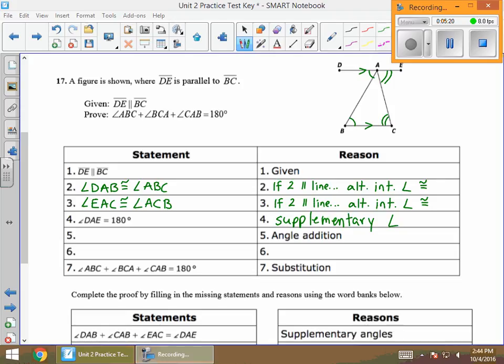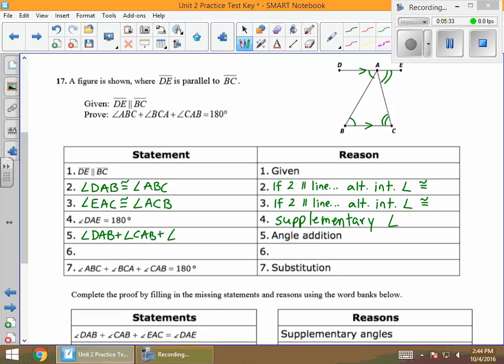And that is found when we see that angle DAB plus angle CAB plus angle EAC is equal to angle DAE. And now DAE, understand, that is a straight line as well.